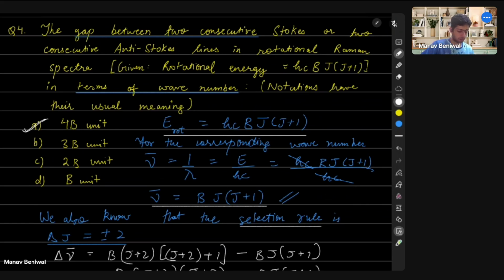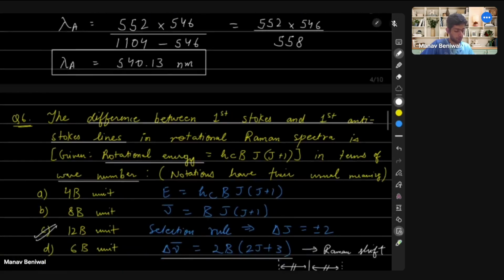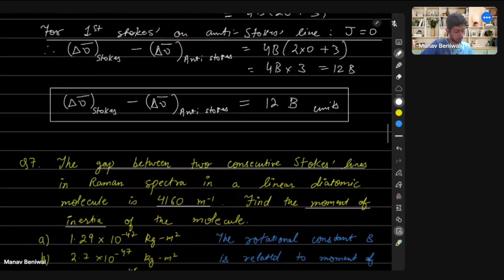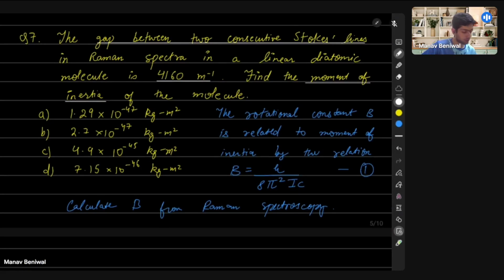We can simply borrow this answer, that the separation between two consecutive Stokes lines is 4b. And the good thing is, it is already given in terms of wave number. You can see it is per meter, correct?